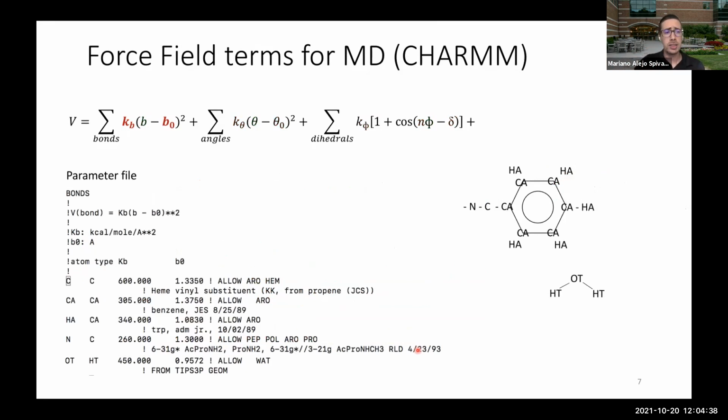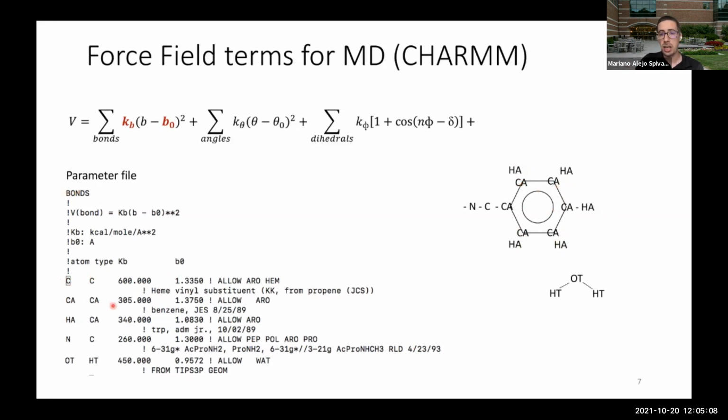Let's look in a little bit more detail at what you would find in the parameter file. The parameter file is a series of lines, and in the case of bonds, each line has the different atom types. For example, I have two simple examples of molecules, or parts of molecules, here. A benzene ring, and we will have a line for each bond.